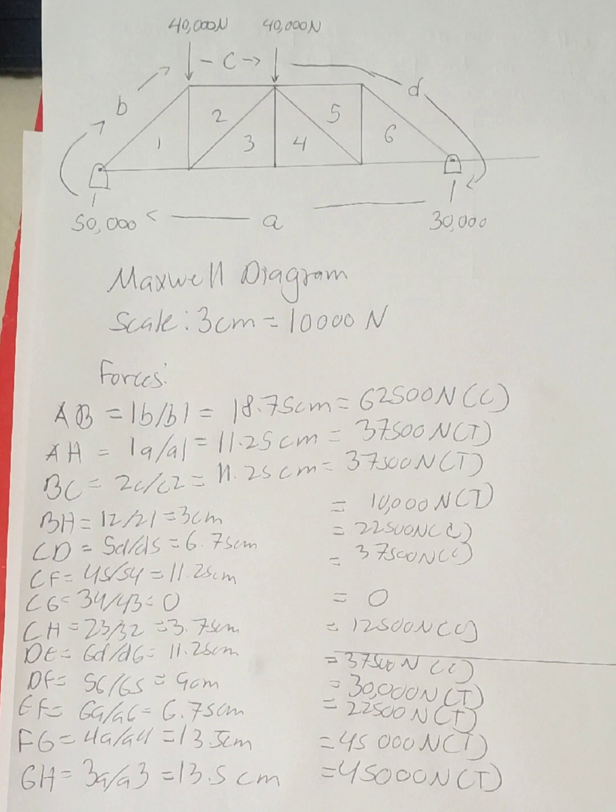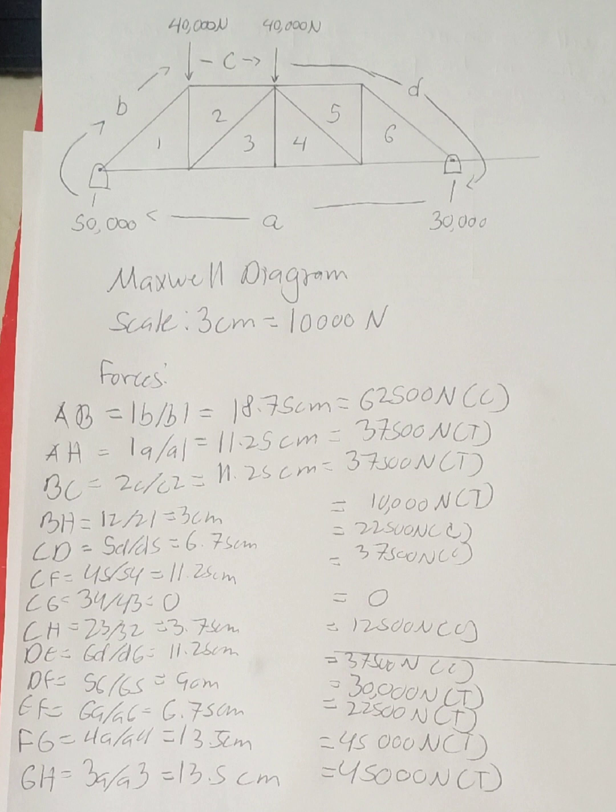BC, C2 to 2C is equal to 11.25 centimeters, equal to 37,500 newtons. BH, 12 to 21 is equal to 3 centimeters, equal to 10,000 newtons. CD, 5 to 25 is equal to 6.75 cm, equal to 22,500 newtons.